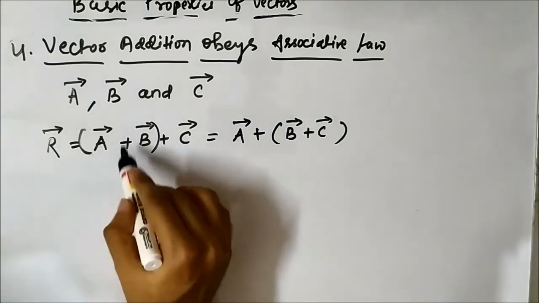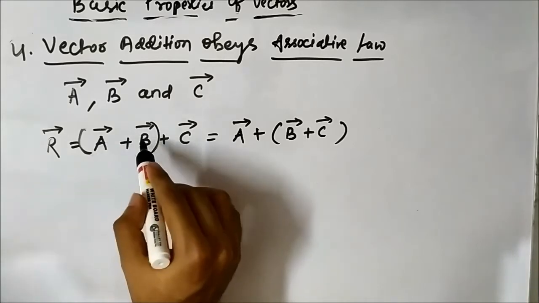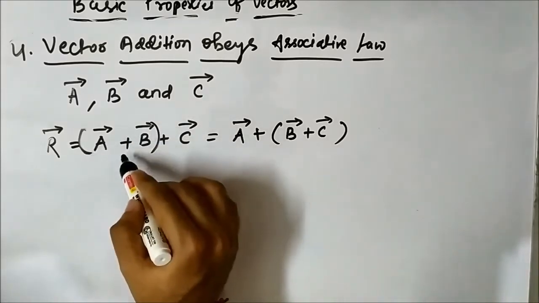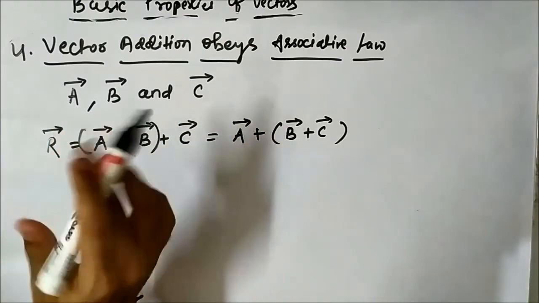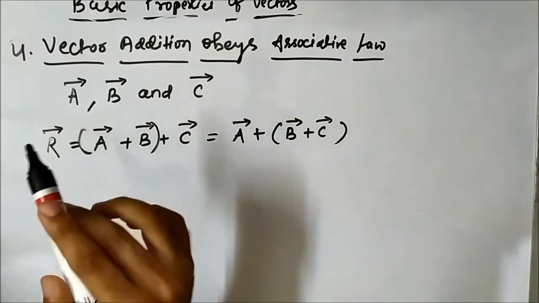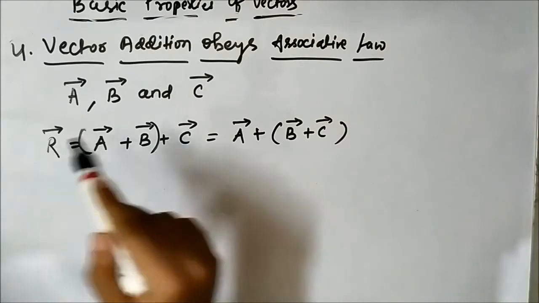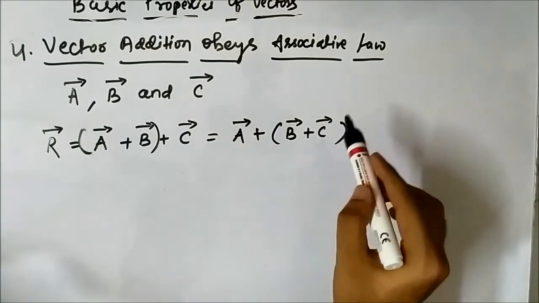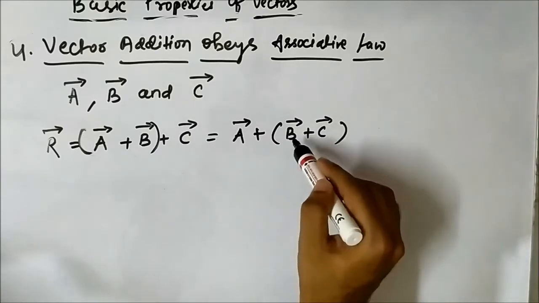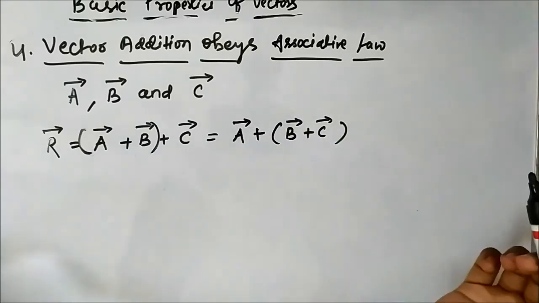That is, first we add a vector and b vector, and with the resultant of a vector and b vector we add c vector. We will get the net resultant r vector. We will also get the same resultant if we first add b vector and c vector, and with the resultant of b vector and c vector we will add the a vector.